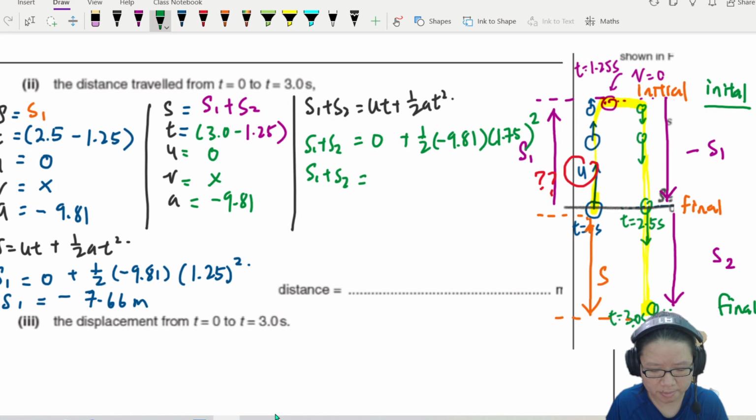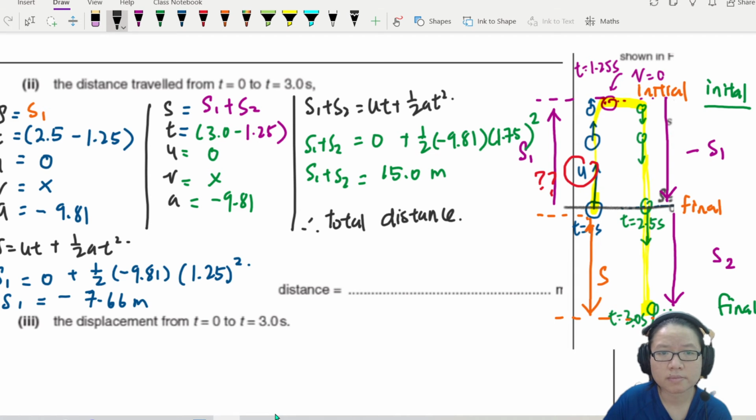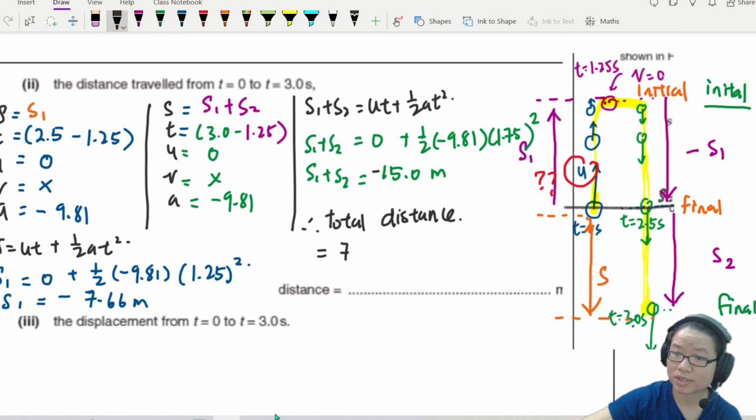Okay, paranoid time. Squared. 15.0 meter. I generally take 2 to 3 significant figures. So hence, you can then say total distance is equal to 7. This is also negative, for the same reason, it's downwards.